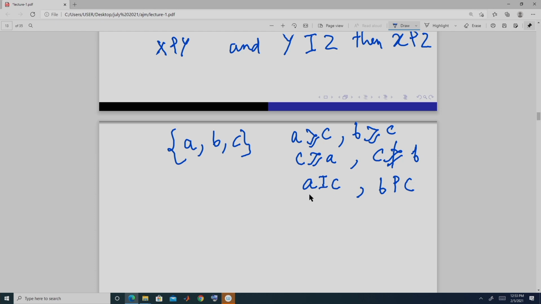So that is why we should be given at least the relation between A and B.